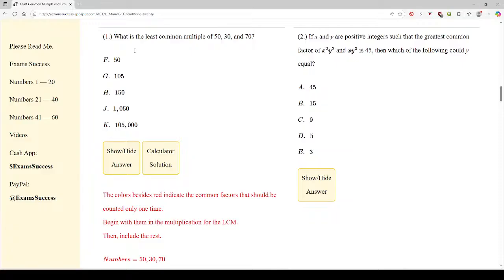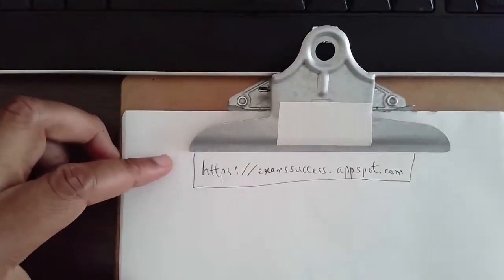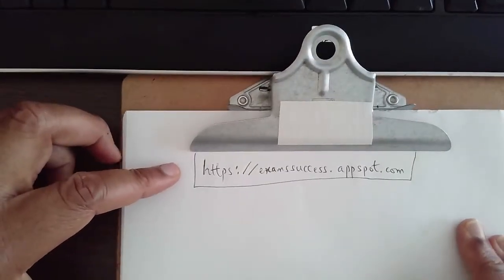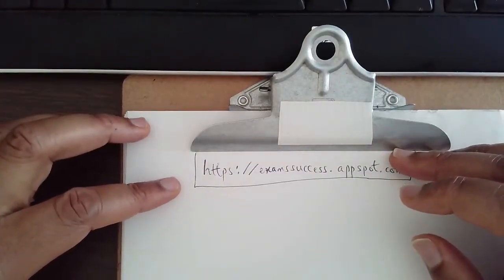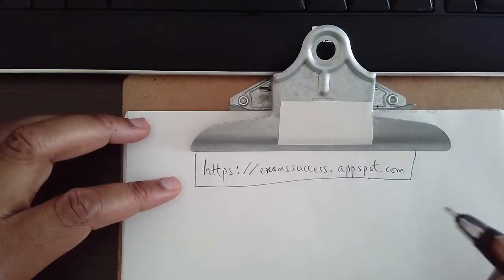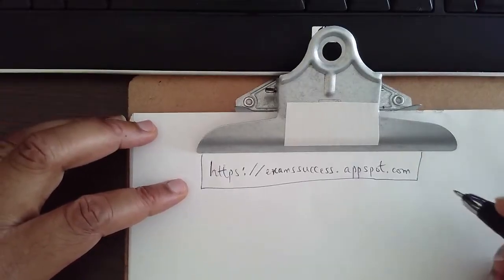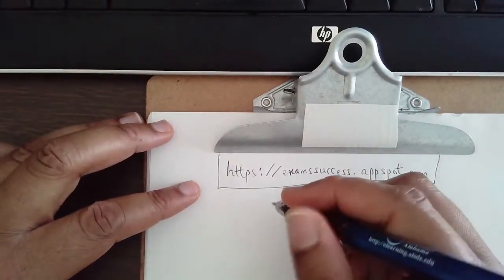The first one, LCM of 50, 30, and 70. Just watch me as I do it. This method is known as the prime factorization method. 50, 30, 70. So we have a 50.